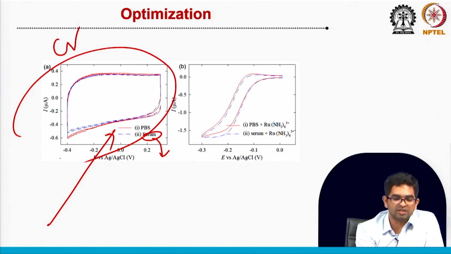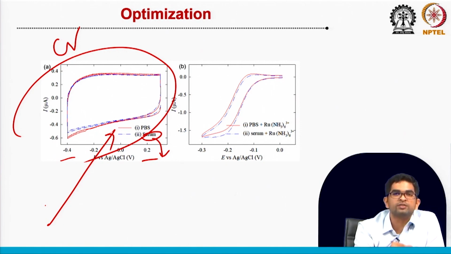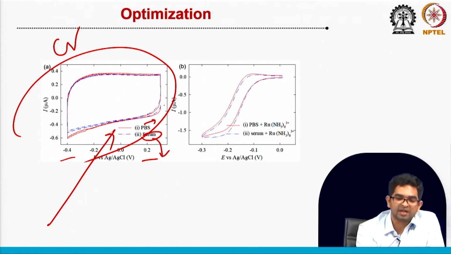Suppose in a potential window of minus 0.4 to 0.2, you can check a cyclic voltammogram in the real sample, and if it has many interfering species, it will show some oxidation peak or some abnormal behavior. Just PBS, phosphate buffered saline, has nothing, meaning no interfering species, so you only see the background current.